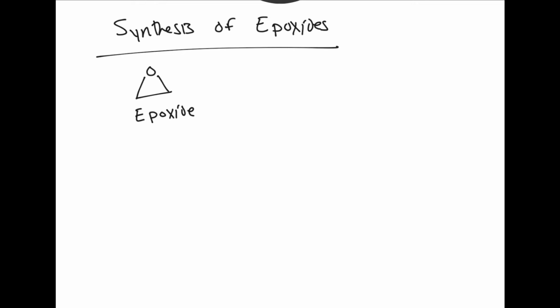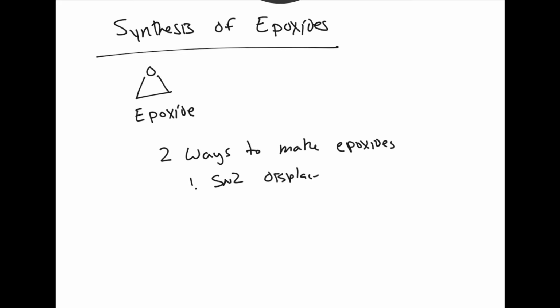There are 2 main ways that we make epoxides. Number 1, we do Sn2 displacement reactions. We just do Sn2 reactions to close and make the ring.